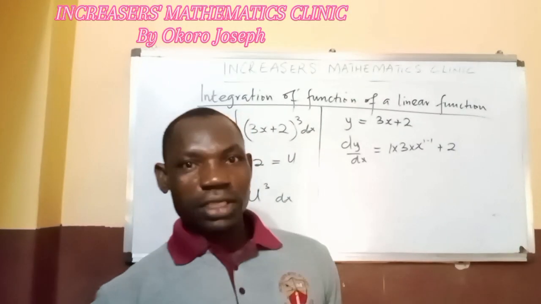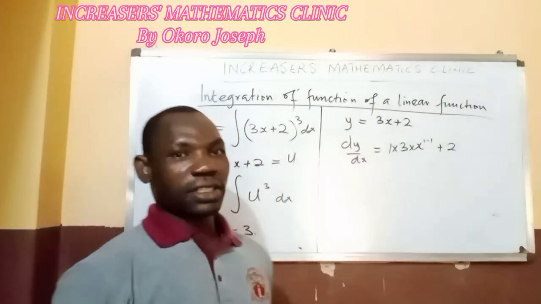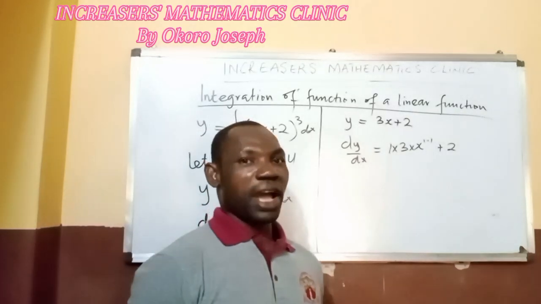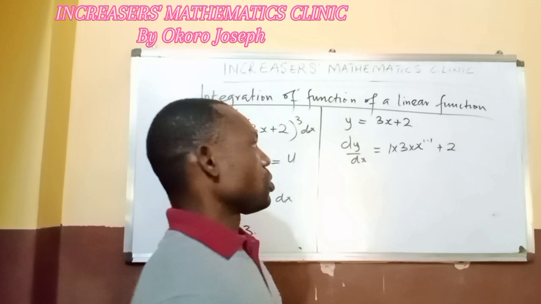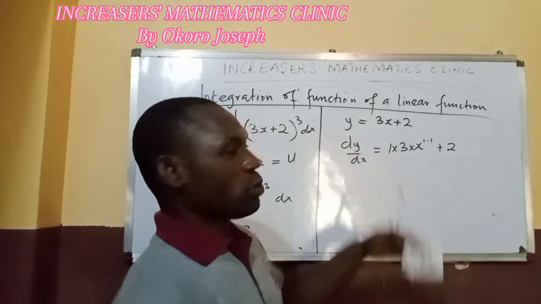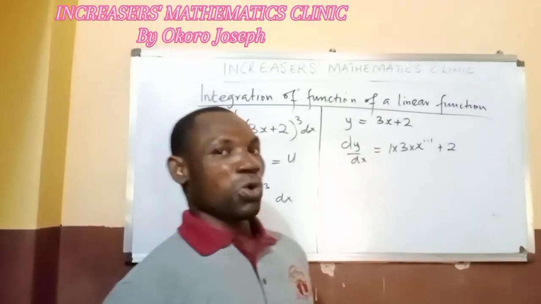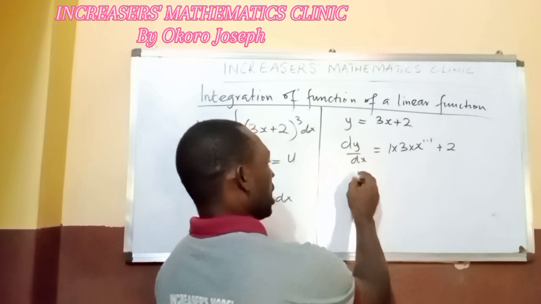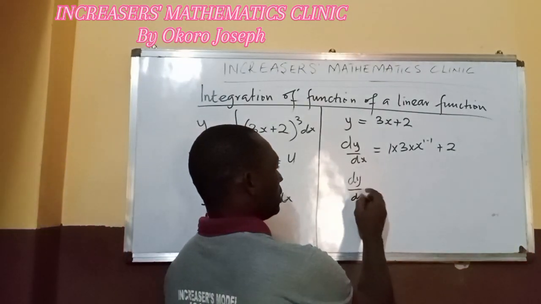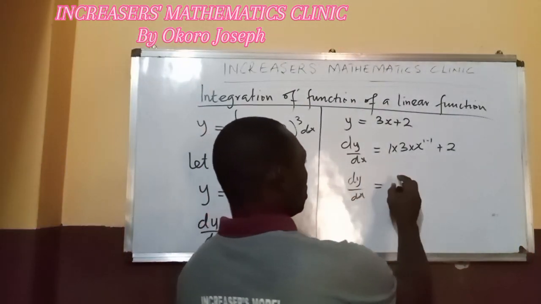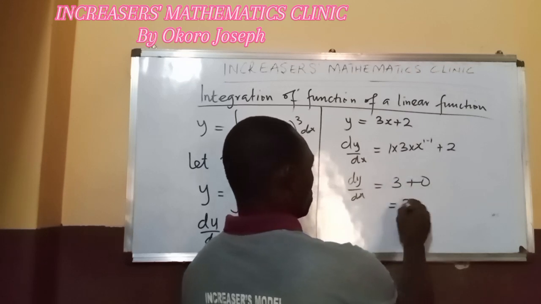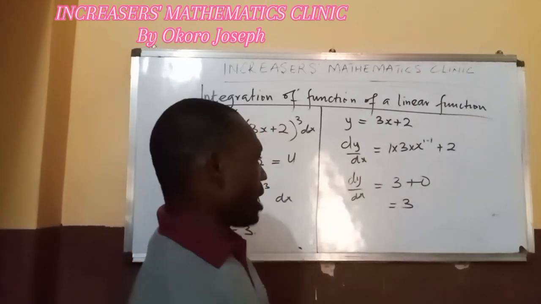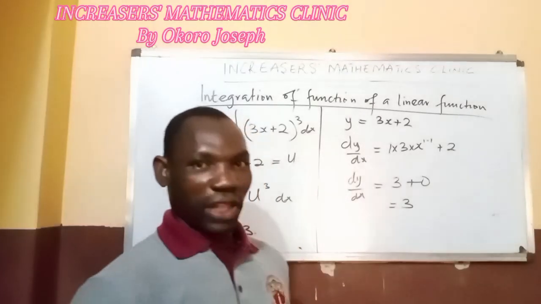Remember that the derivative of a constant is equal to 0. So each time you differentiate a constant, the result will be 0. So the derivative of 2 is equal to 0. So it means that our dy dx is equal to 3 plus 0, which is equal to 3.